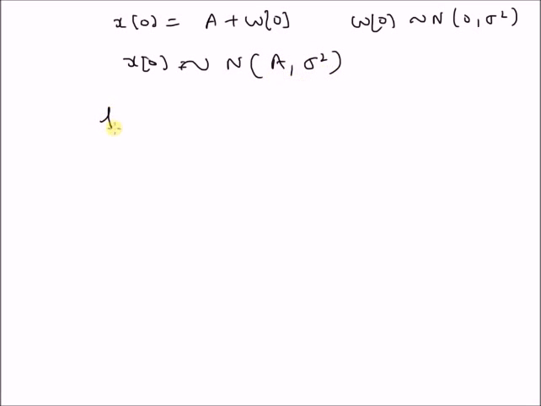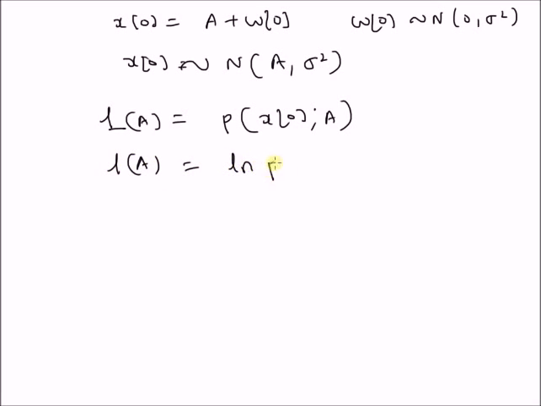Then the likelihood function L(A) is given by the probability of x[0] with the parameter A. Then the log likelihood function, the lowercase l(A), is given by the logarithm of the probability density function at x[0] given the parameter A.